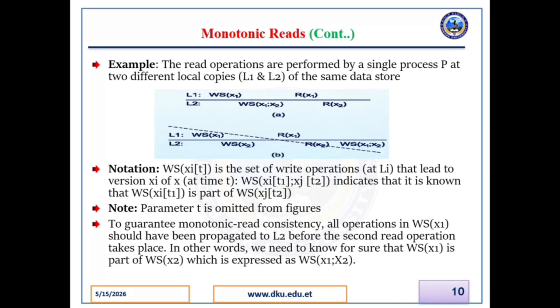As you observe from the picture, the parameter t is omitted, but it is expressed in this way. To guarantee monotonic read consistency, all operations in WS(xi) should have been propagated to the local copy L2 before the second read operation takes place.